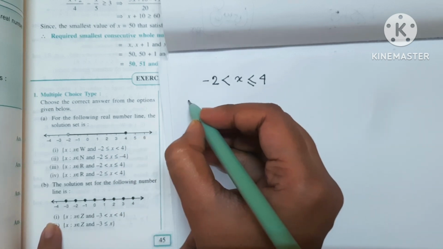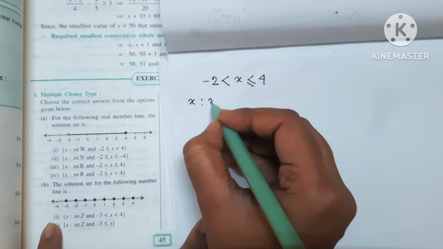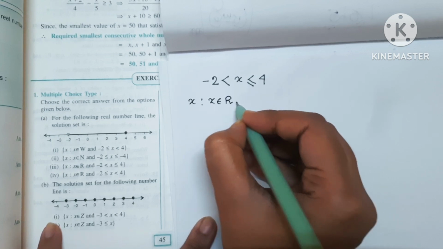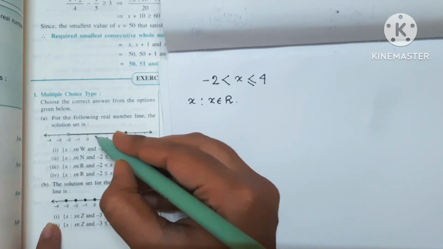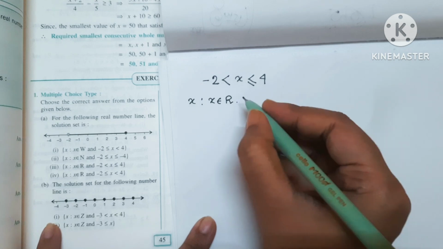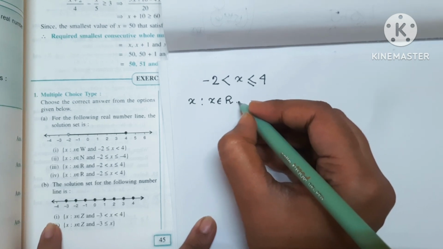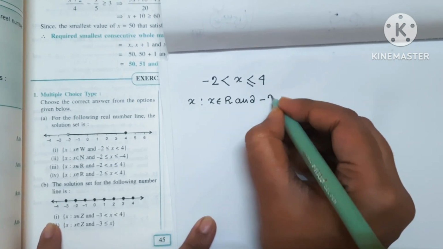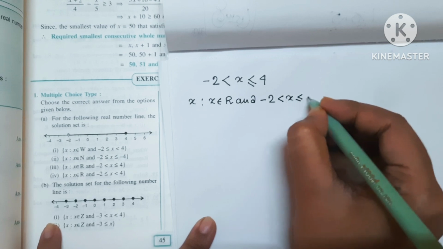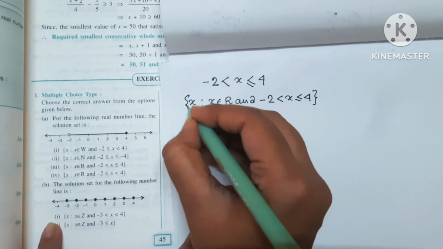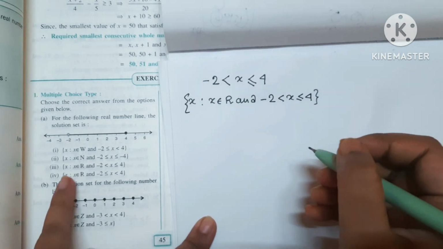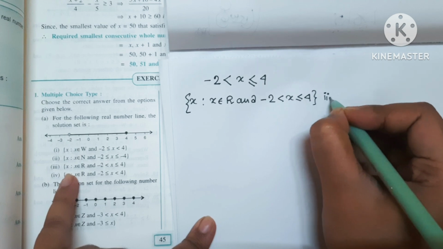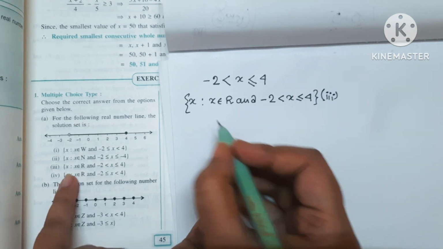So the answer will be x such that x belongs to R. Why R? Because it is a continuous line, not a discrete one. x belongs to R and -2 less than x less than or equal to 4. Okay, so option 3 is the correct answer.